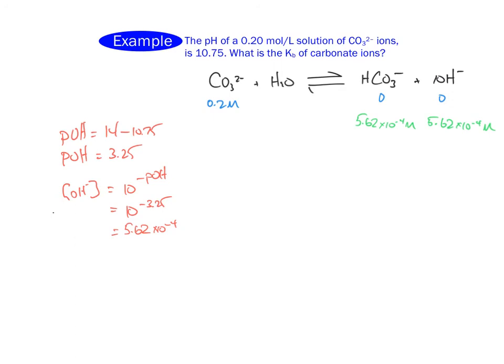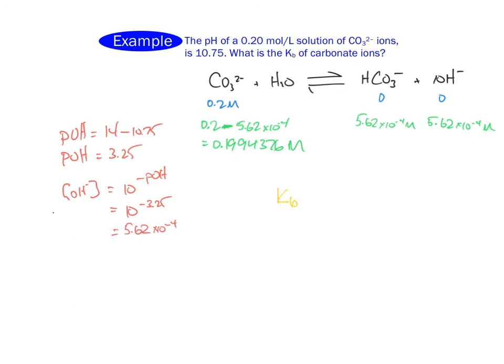So when we take 0.2 and subtract 5.62 times 10 to the negative 4, we get 0.1994376 moles per liter. And we're going to use that as well as the other two concentrations written in green to help us figure out the value of Kb.